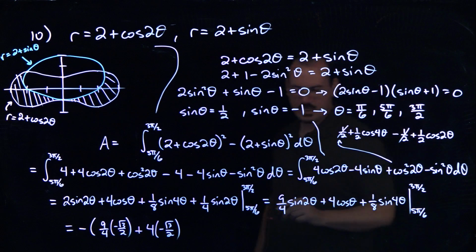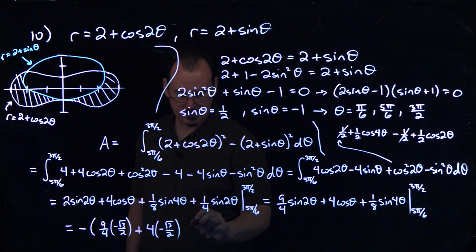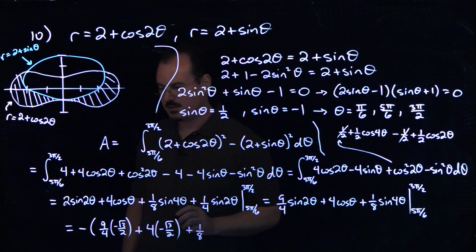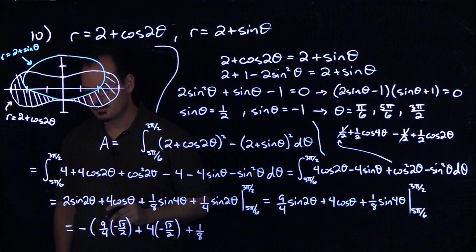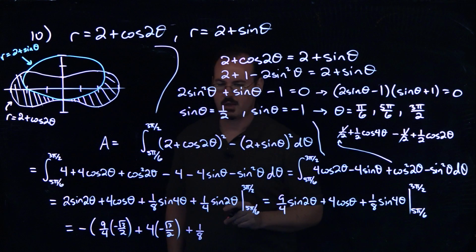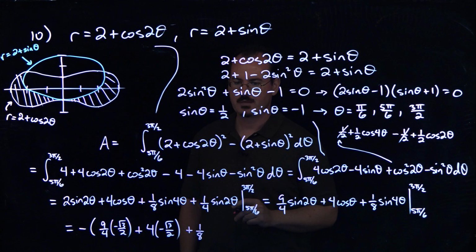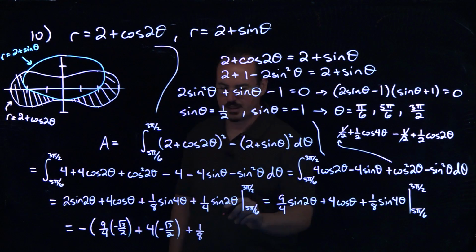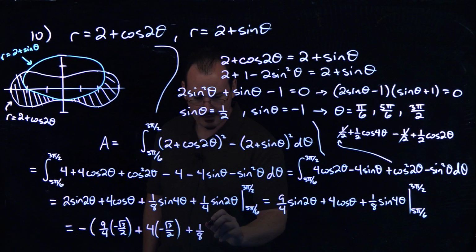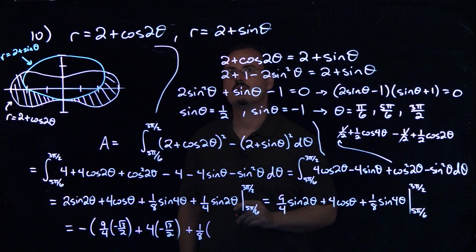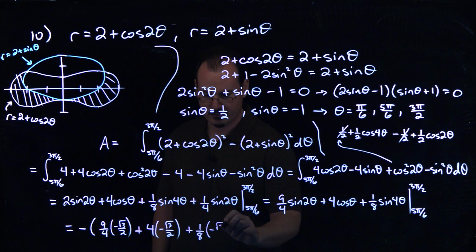So the sine of 10 pi over 3, times 1/8. 10 pi over 3 is coterminal with 10 pi over 3 minus 6 pi over 3, which is 4 pi over 3. So we're looking for the sine of 4 pi over 3. The sine of 4 pi over 3 is negative root 3 over 2 as well. So we've got all these negative root 3 over 2 terms.